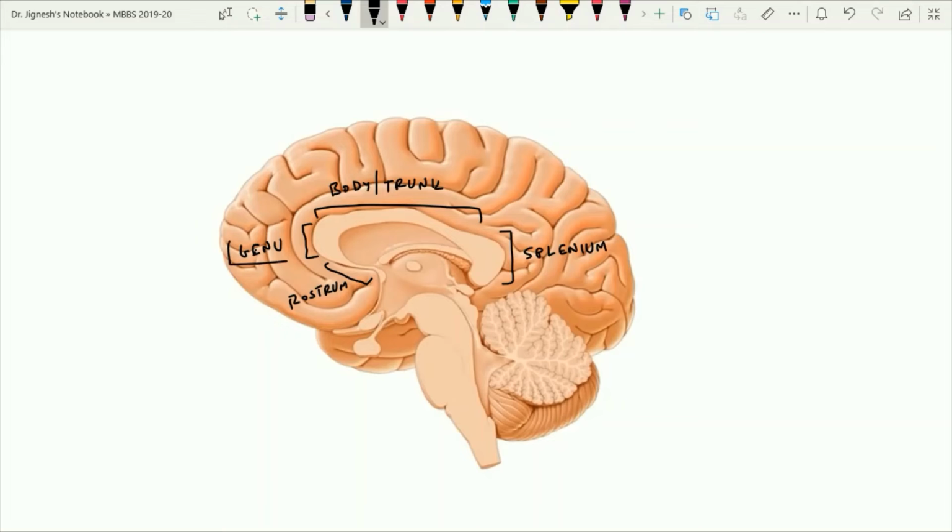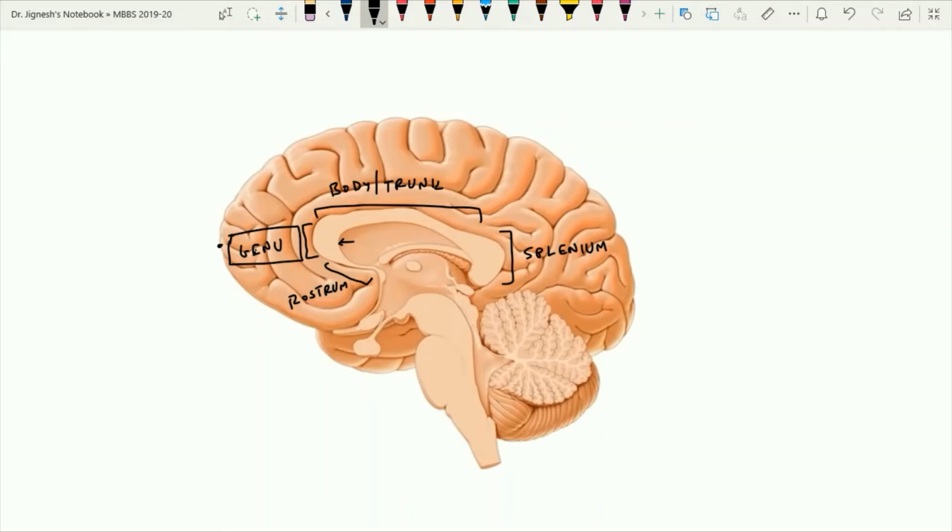The genu is the thick anterior part of the corpus callosum, situated around 4 cm behind the frontal pole of the cerebrum. This genu forms the anterior wall of the anterior horn of the lateral ventricle, and it interconnects the fibers of the anterior part of the frontal lobe.